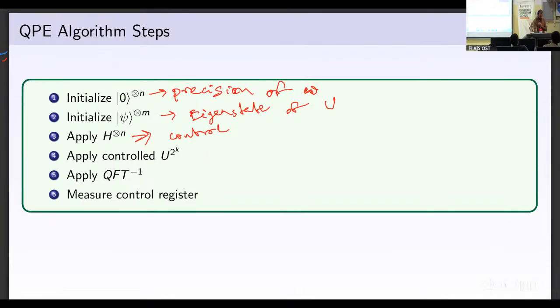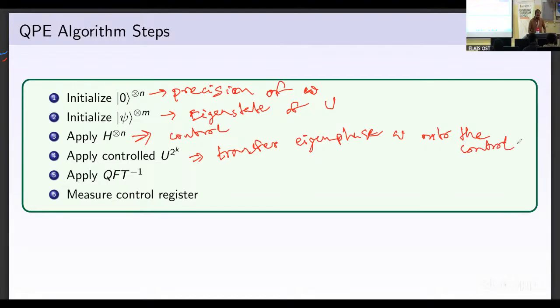So this is the phase kickback. This controlled U to the power 2^k will transfer the eigenphase omega onto the control register.